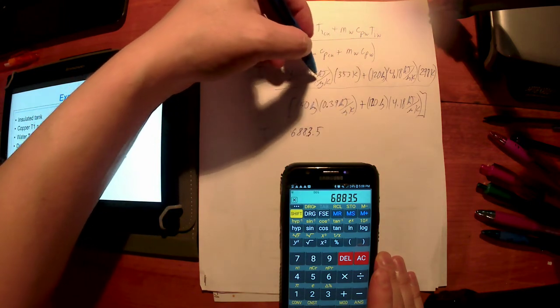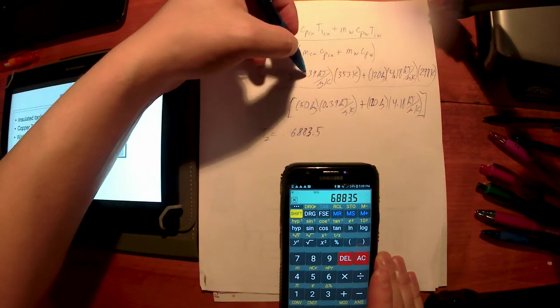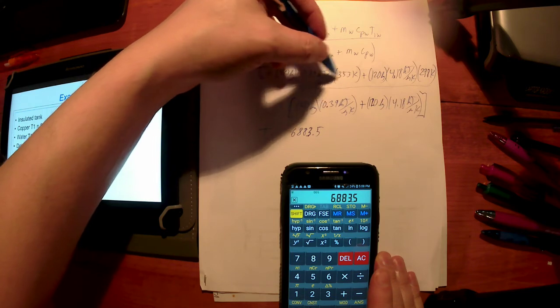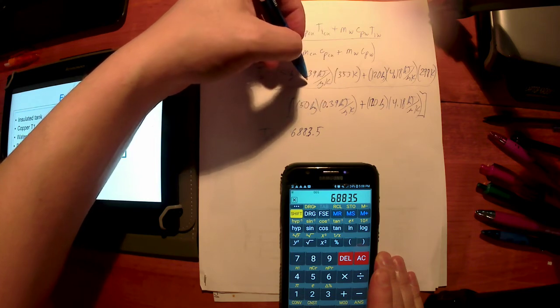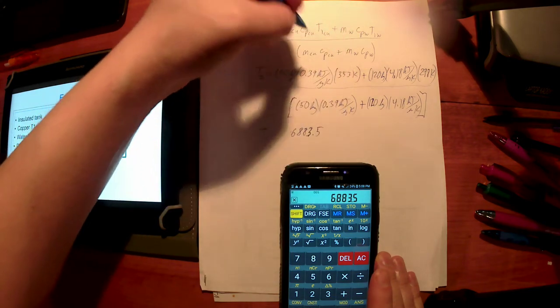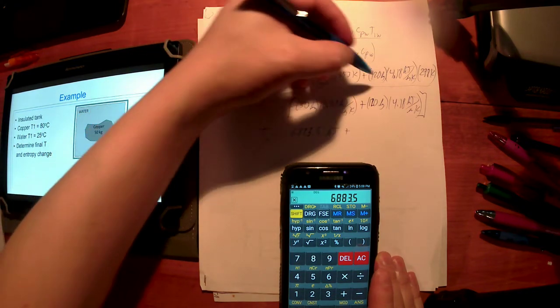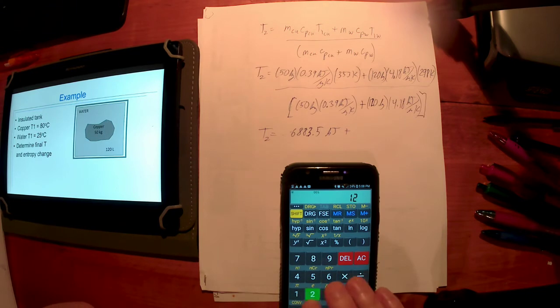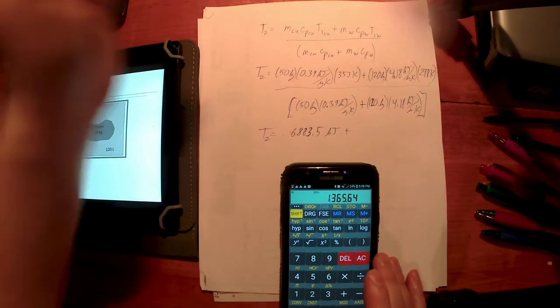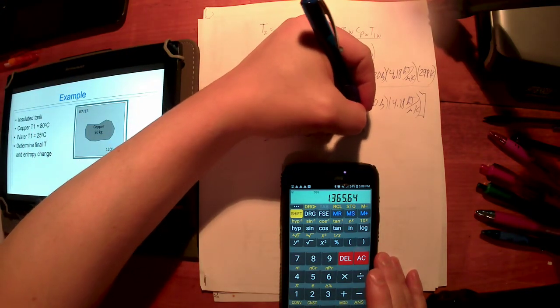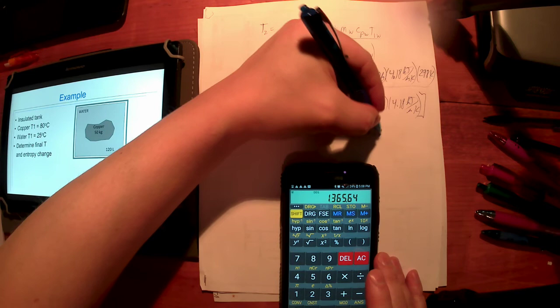I've just multiplied these three numbers together. The kilograms go away, kelvins are left, so I'm left with kilojoules on top. Add to it this one: that's 120 times 4.18 times 298, which is 1365.64.